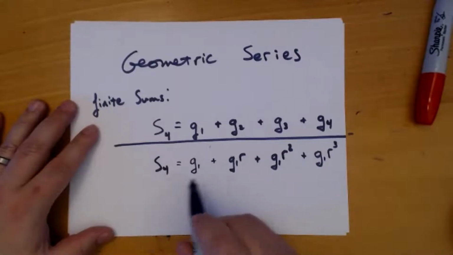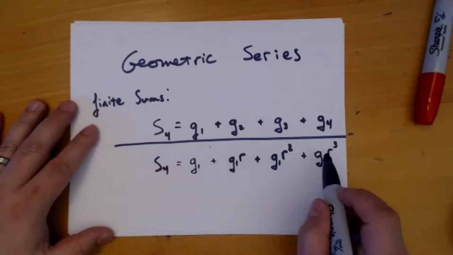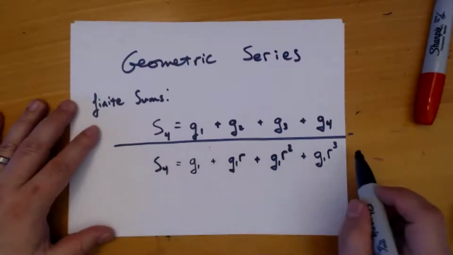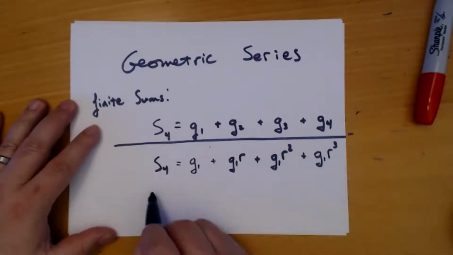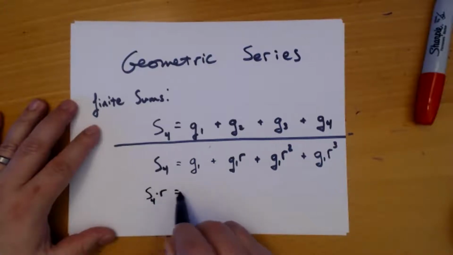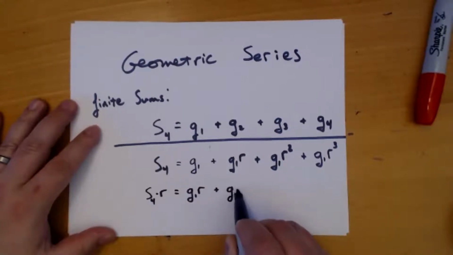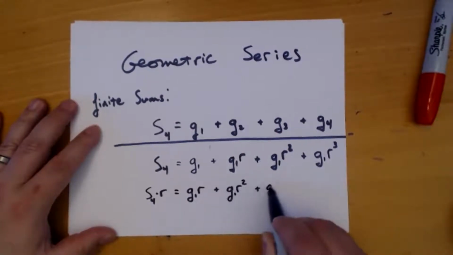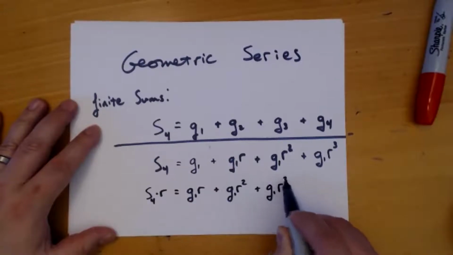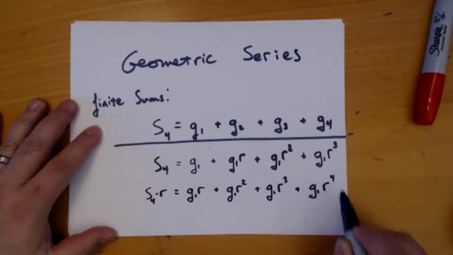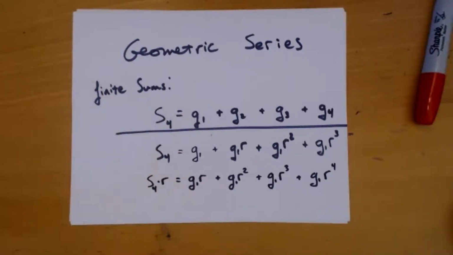So if I take my equation here and I multiply everybody by R across the board, so now I've got... okay.